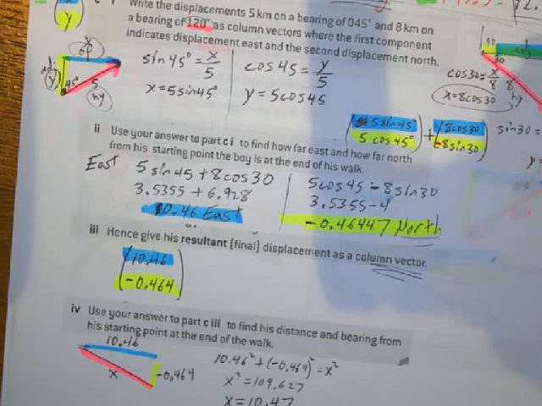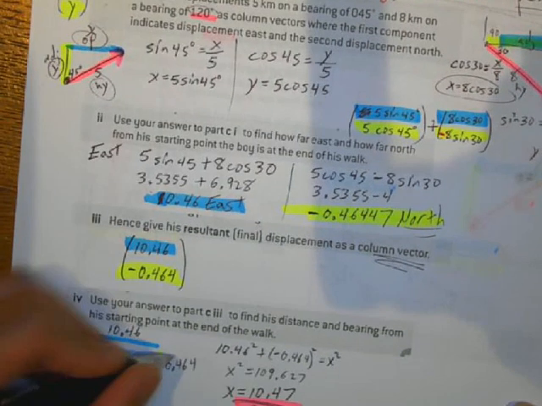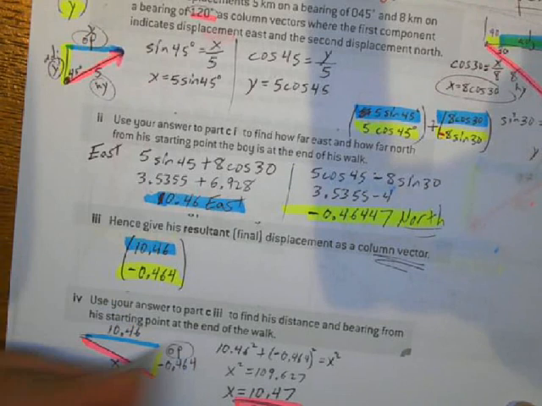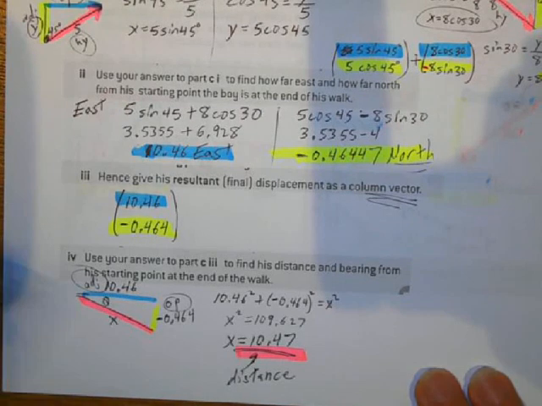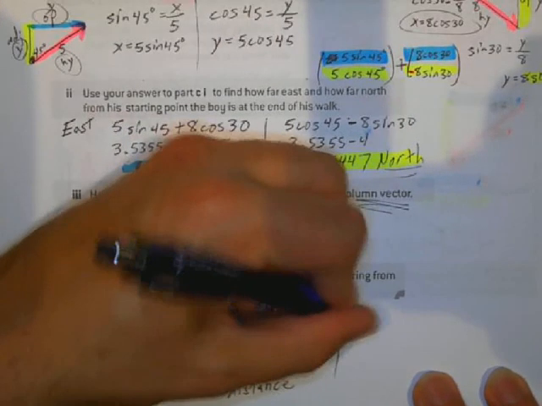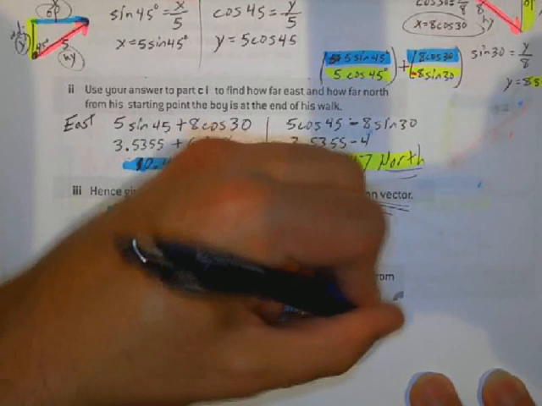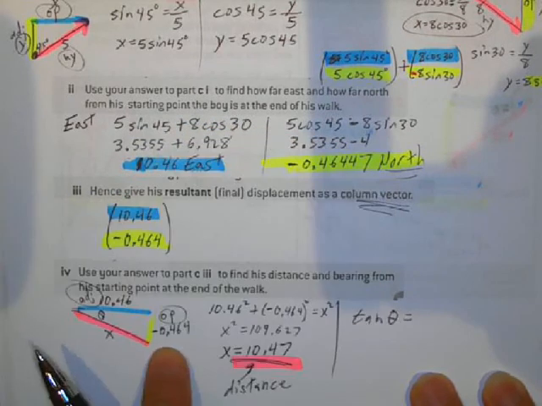And if I want to find this angle, I know this is opposite, right? This is the adjacent, and I can use tangent. So I'm going to call it theta. So I can say tangent theta equals opposite over adjacent.